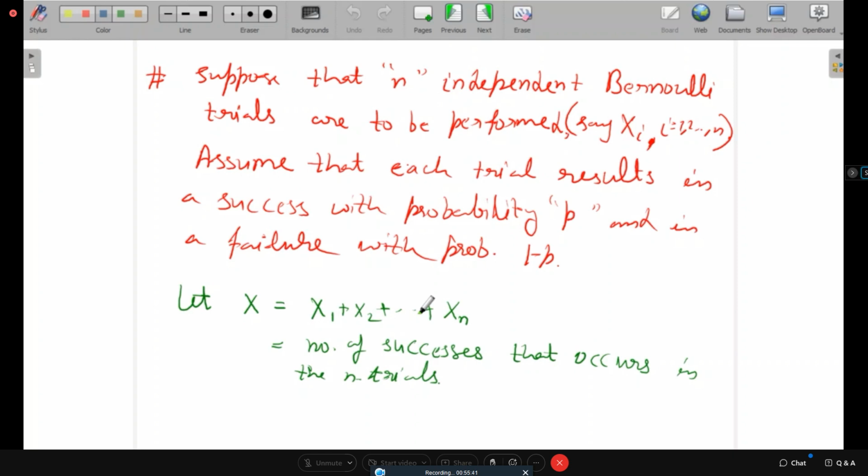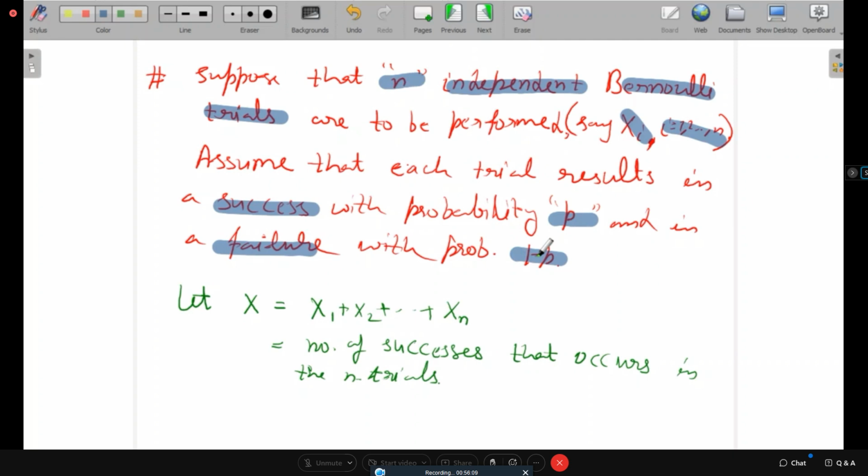Let me conclude here. Suppose that n independent Bernoulli trials are to be performed, say i equals 1 to n. A Bernoulli trial means each trial results in a success or a failure. Assume that each trial results in a success with probability p and in a failure with probability 1 minus p.